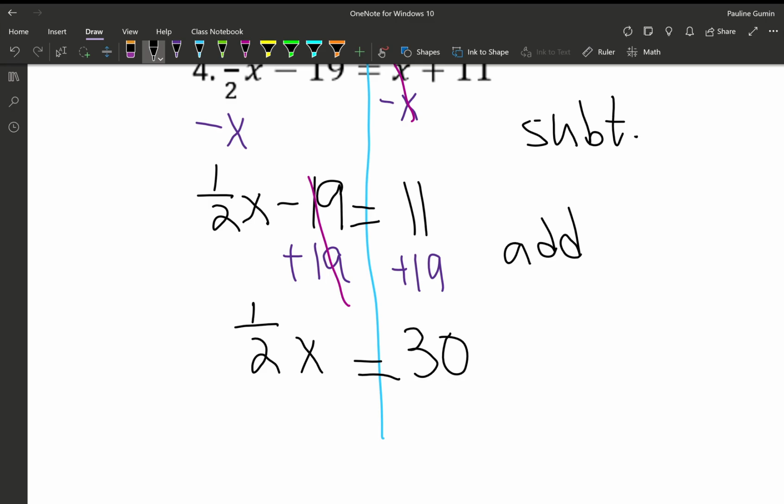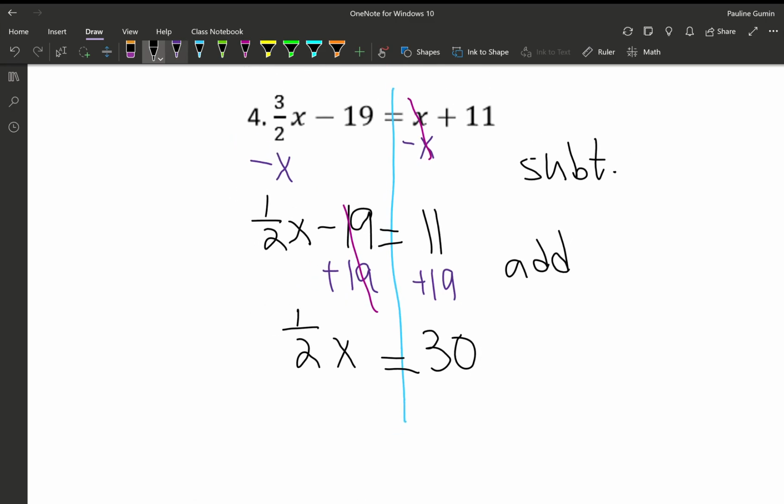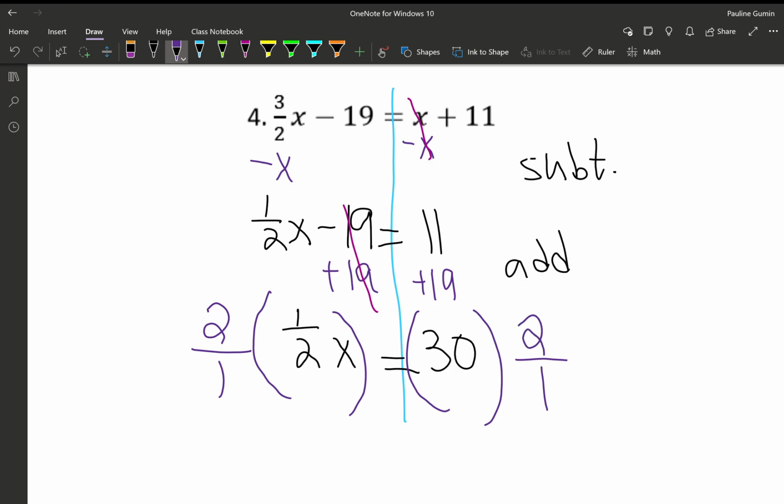So we're going to undo it by multiplying. And it's going to look a little funky. First of all, we need to make sure that both sides of our equal sign have parentheses around them. It's very important. In order to get rid of that 1/2, we are going to multiply both sides by the reciprocal of the fraction, which means flip that fraction upside down. So 2 over 1 instead of 1 over 2.